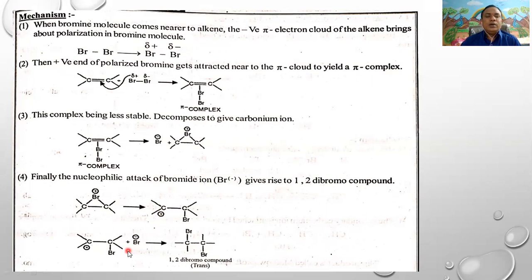This carbonium ion is attacked by the bromide ion, Br minus, giving trans 1,2-dibromoethane. During bromination, a trans addition takes place due to the formation of the cyclic bromonium ion as an intermediate product.